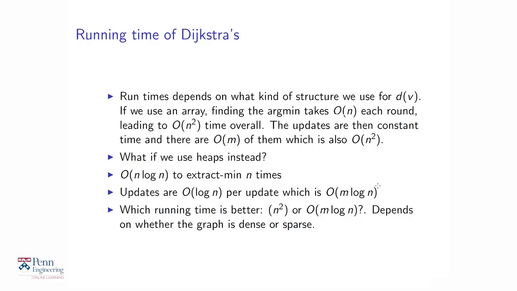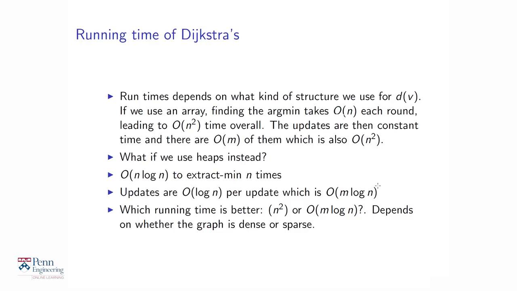Which one is better? That depends on whether the graph is dense or sparse. Density and sparsity of a graph relate to the number of edges the graph has. If the graph has close to n squared edges, then it's said to be dense. On the other hand, if it has close to n edges, or a little over n edges, then it's said to be sparse, and in between, depending on the context, you can choose to call it sparse as well.